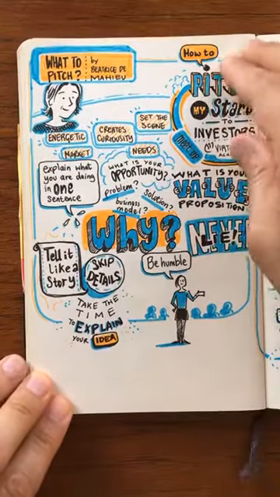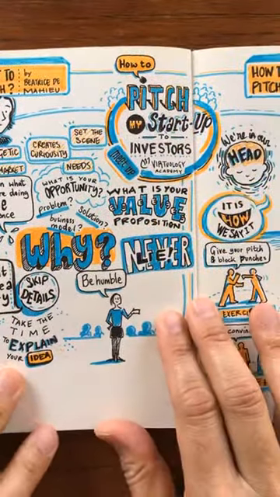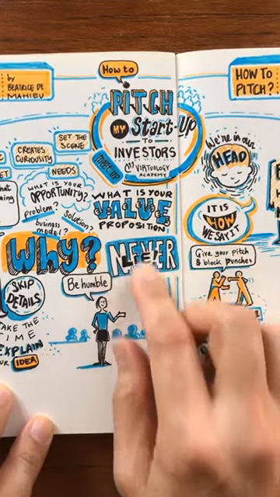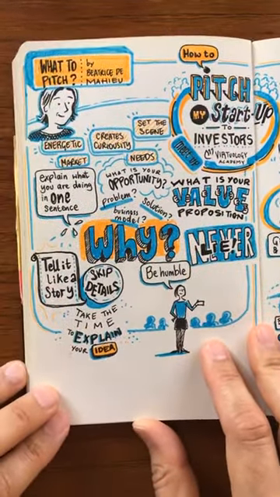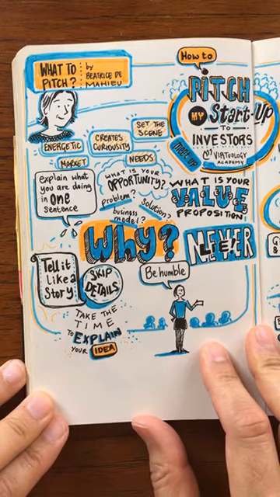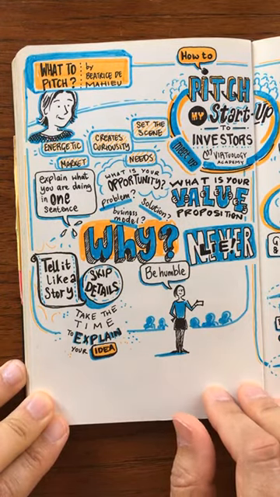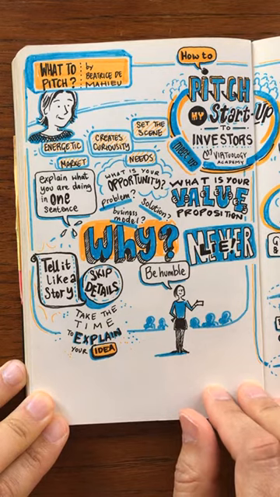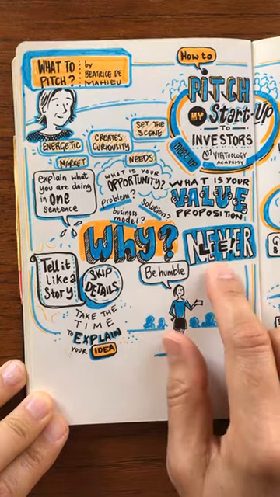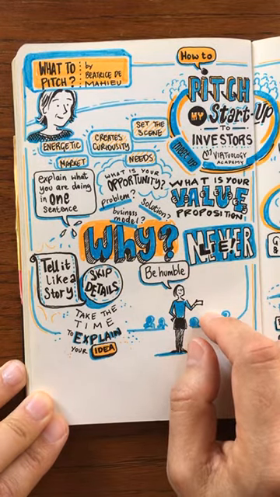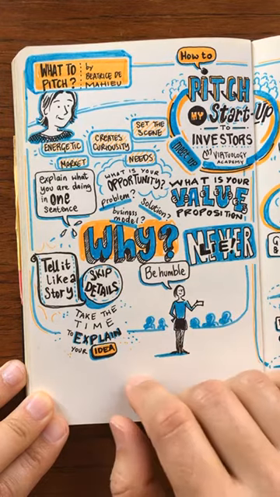Okay. So here we have a talk about how to pitch my startup to investors. So this was a talk by two ladies now, I remember. Just giving tips to entrepreneurs on what to consider when they're sharing their idea with potential investors.